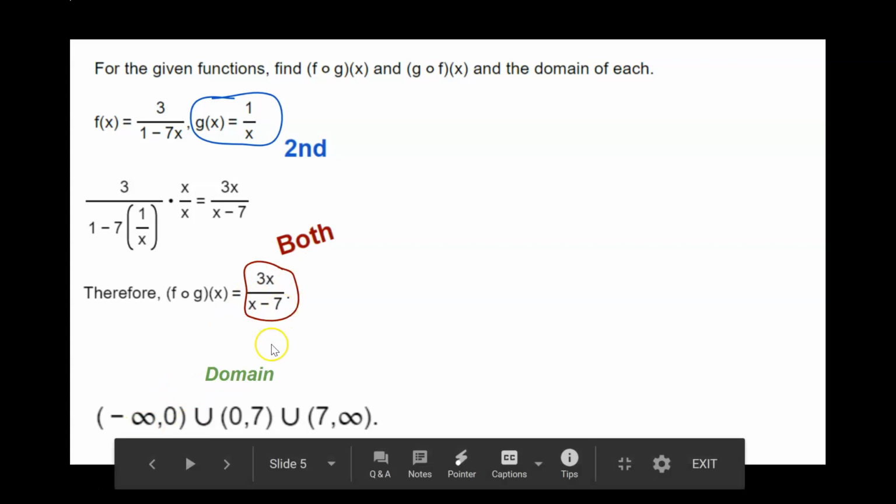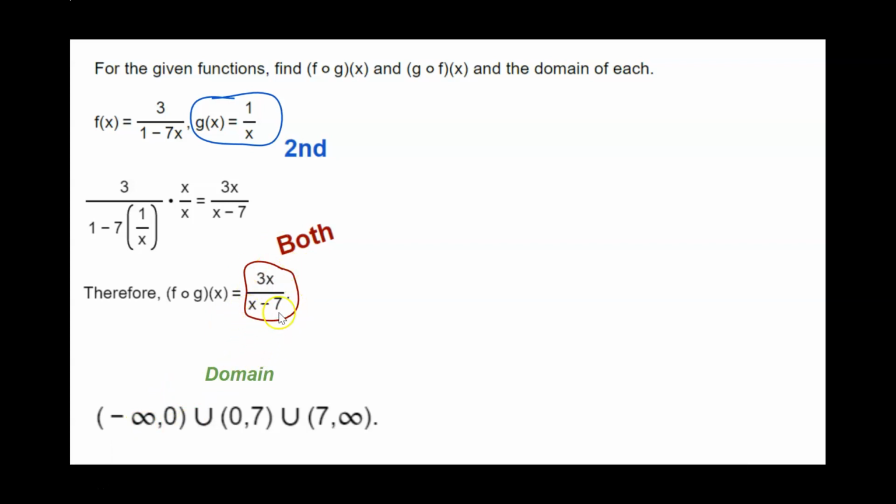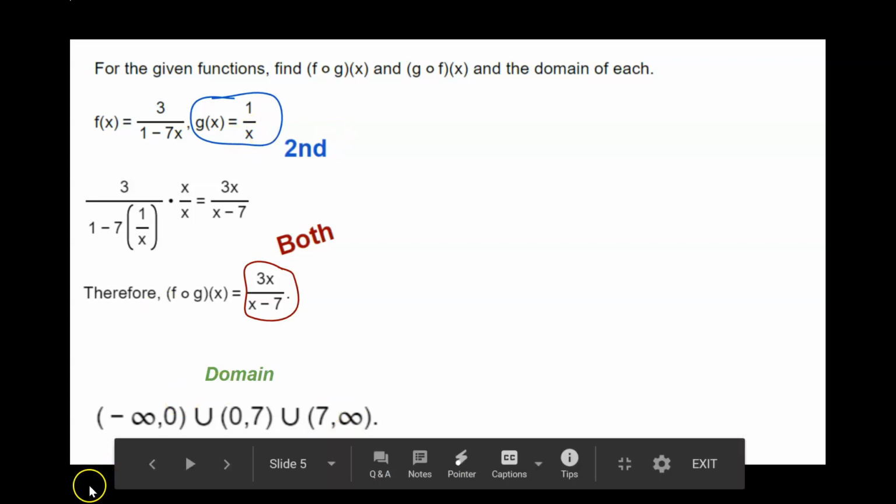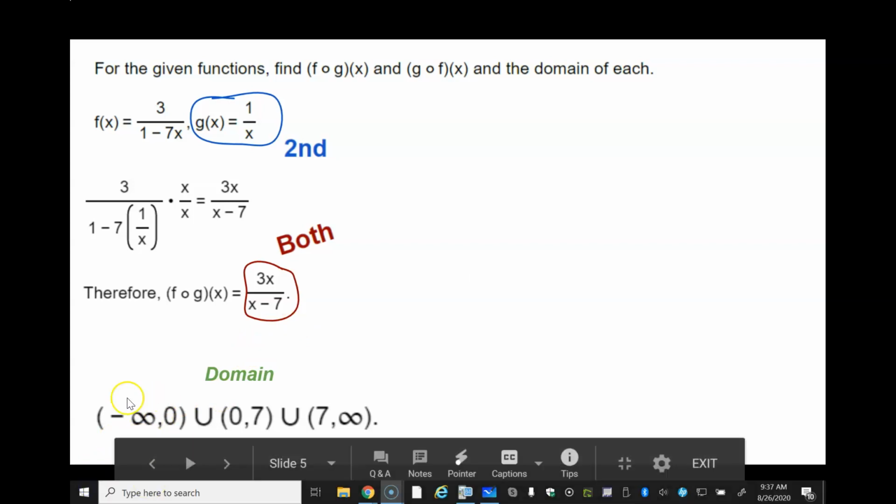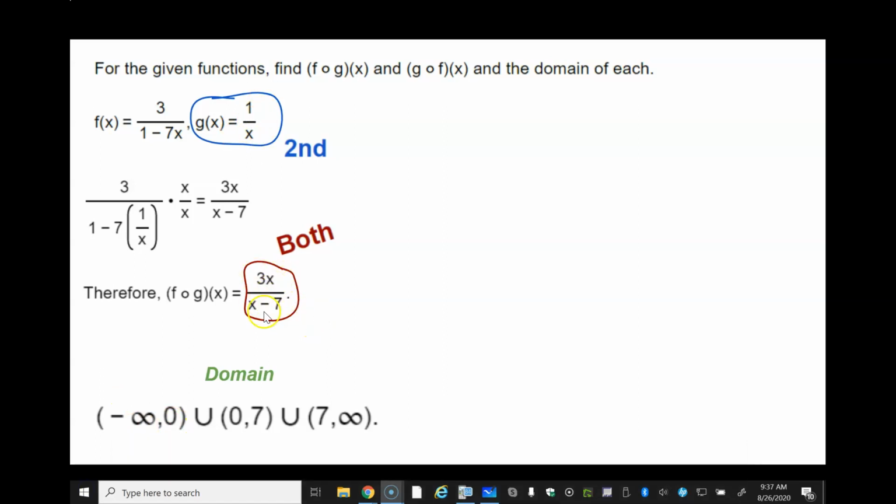So to recap what we discussed, we know this domain here is from negative infinity to 7 and from 7 to positive infinity. However, the domain for this one is going to be negative infinity to 0, and then from 0 to positive infinity. So let me see if I can put this on my whiteboard so you can see the layout. Negative works for this one. And then also remember, we have to stop at 7.